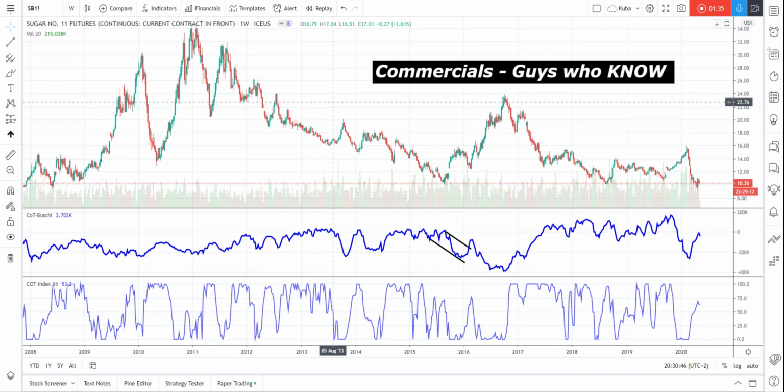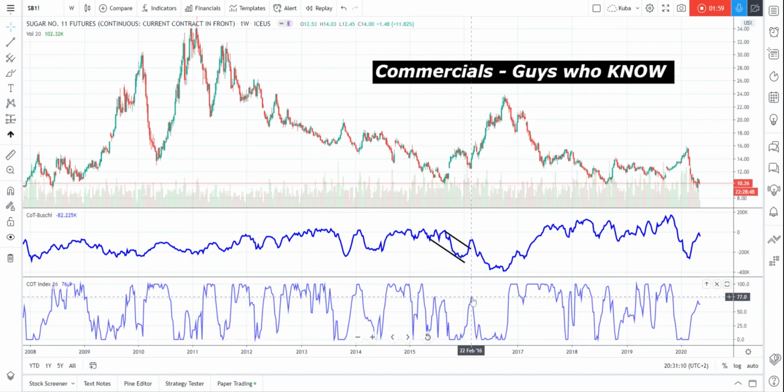Commercials are fundamental information. The commercial index is the index of net positions of the commercials. If you are a beginner in trading, the best way is to use the index, because you can say that if the index is above 75, it's a buy zone, and below 25, it's a sell zone.